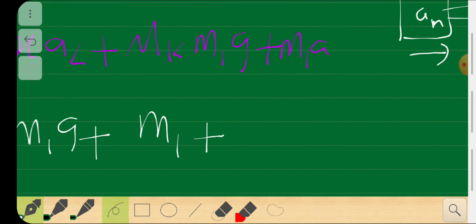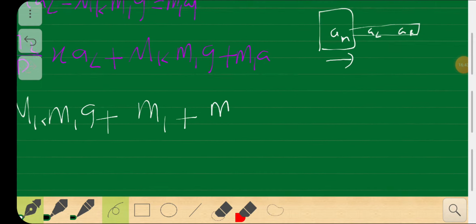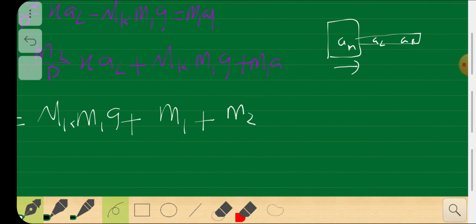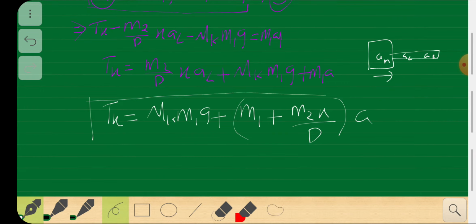So I'm going to take a outside, and I get m1 plus m2 times x by l, times a, right? Okay, so I'm going to call this equation 4, and this is the equation of tension inside a rope.